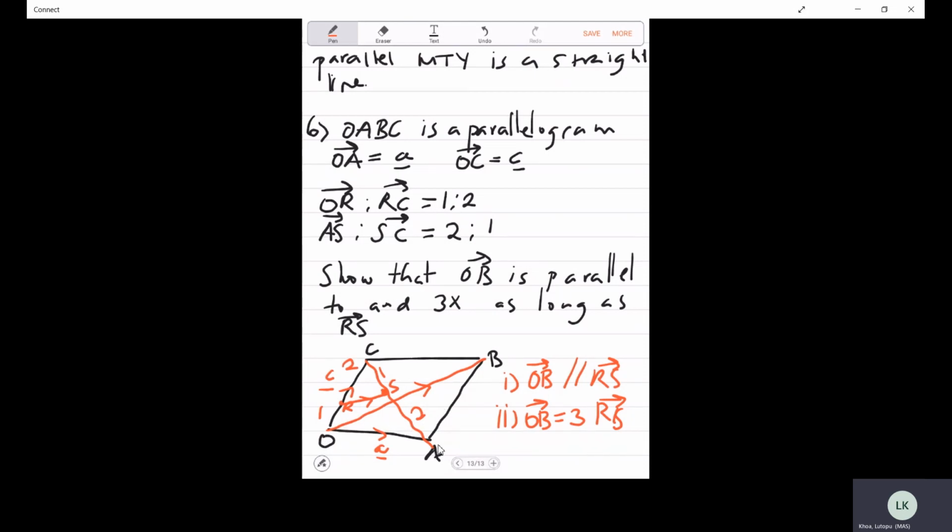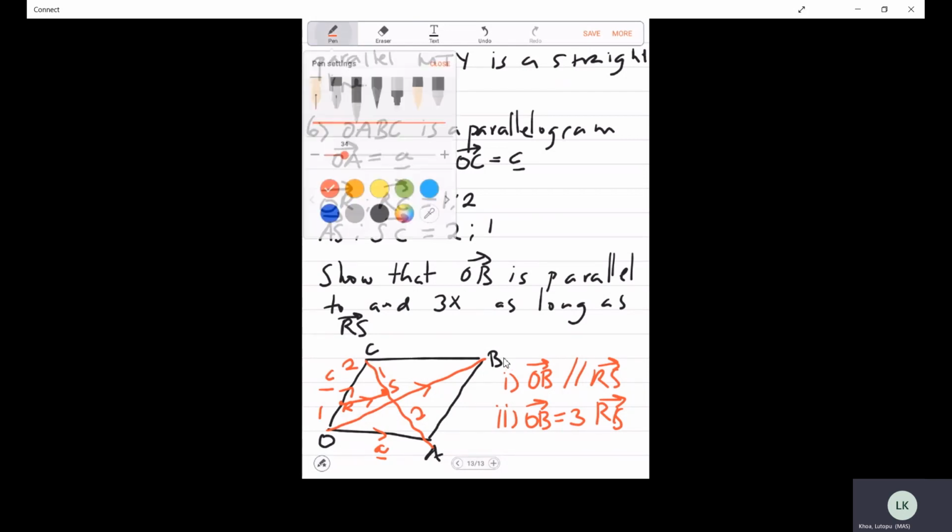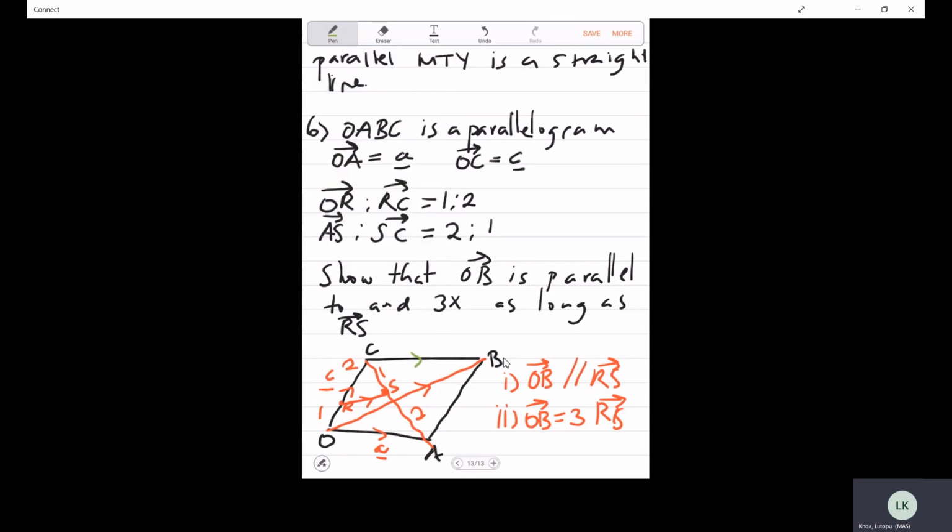So if OA is A, then that means CB is also equal to A. So putting this in green to show that this is something that we should know, not necessarily given to us in the question, because this is a parallelogram. And if OC is C, that means AB is also equal to C because they are equal and parallel.